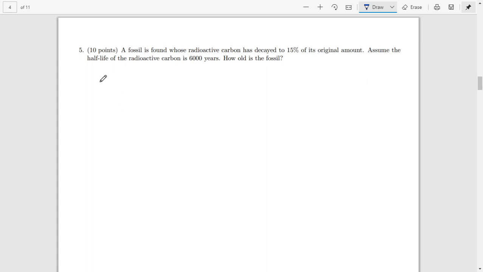Ordinarily, by exponential growth and decay, let m0 be the initial amount of the fossil, and let T sub 1/2 be the half-life.